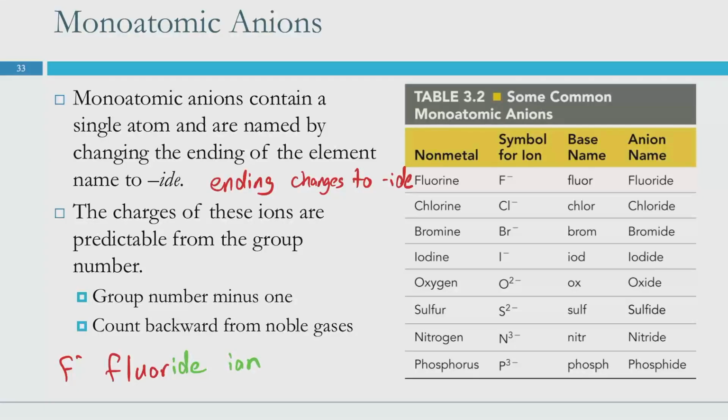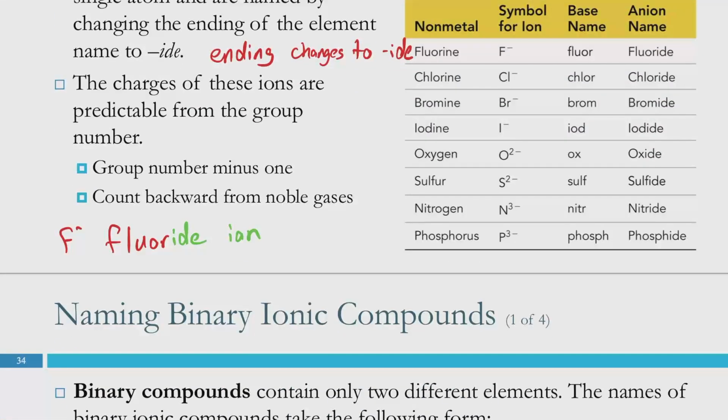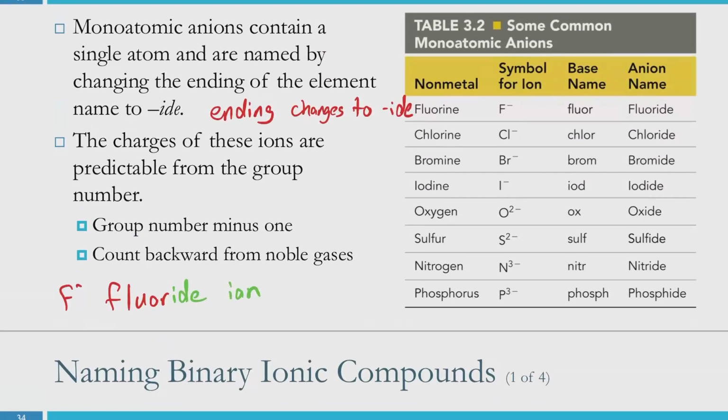And if you're just talking about F-, you can just call it fluoride, because the ion part is implied because we changed the ending to -ide. It's a little bit less important that we have the ion part for the name. These all have predictable charges, so we're just mentioning we changed the ending to -ide.